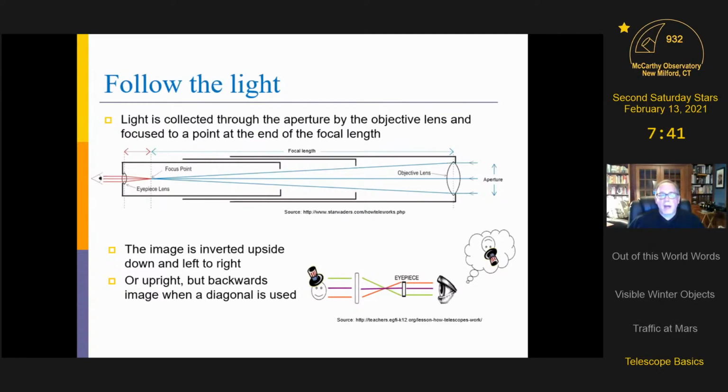When you look through a refractor, the image is inverted, both upside down and left to right. If you look at the snowman with the top hat in the bottom right of this picture and watch the different color lines, you can see why that happens. The objective lens focuses the light, but then the light keeps traveling on that path until the eyepiece grabs the light and focuses it for your eye.